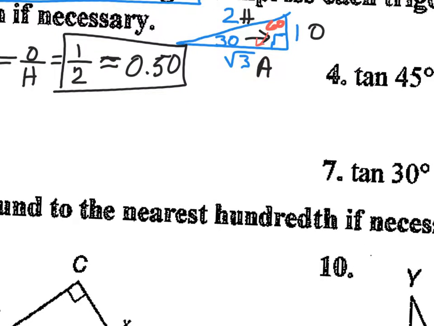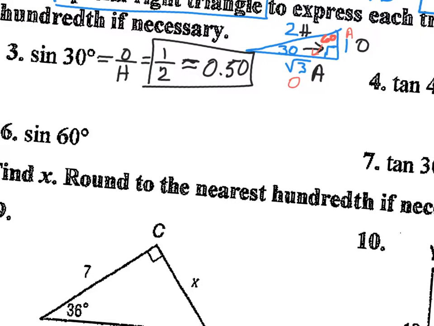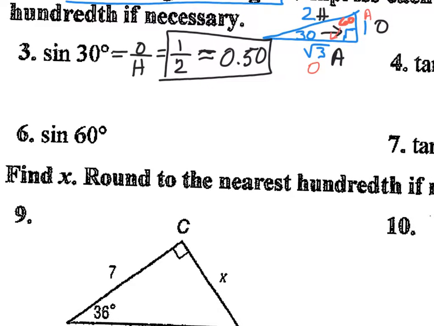So from the 60, this is the opposite and this is the adjacent. So when they ask me to get the sine of 60, well, sine is opposite over hypotenuse. So the opposite is, what's the opposite? Square root of 3.